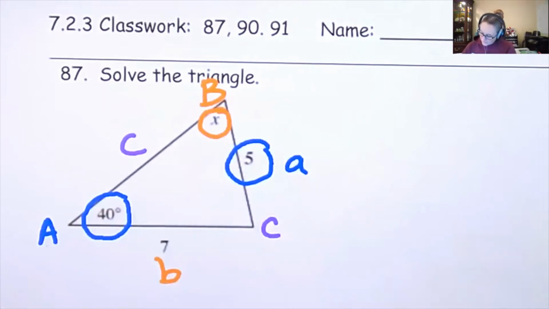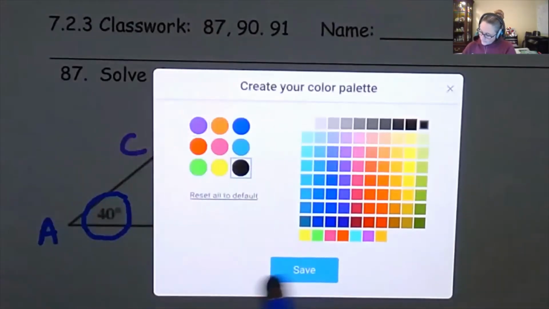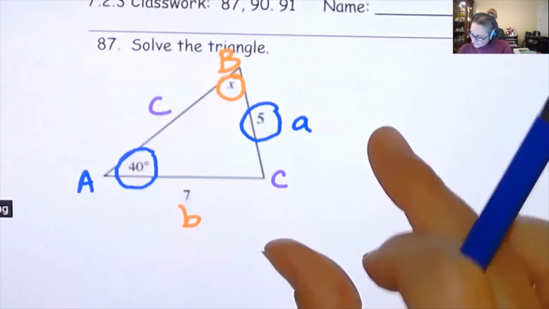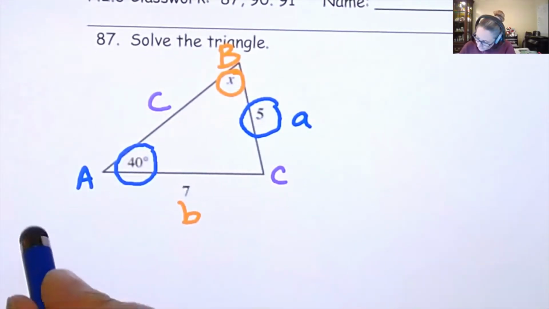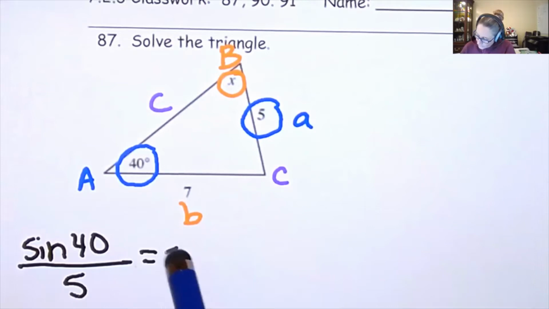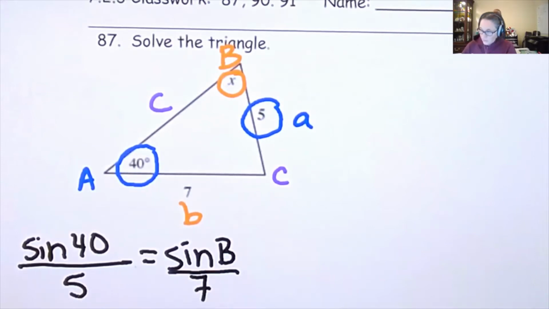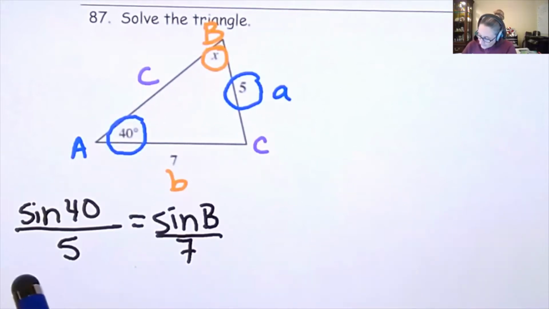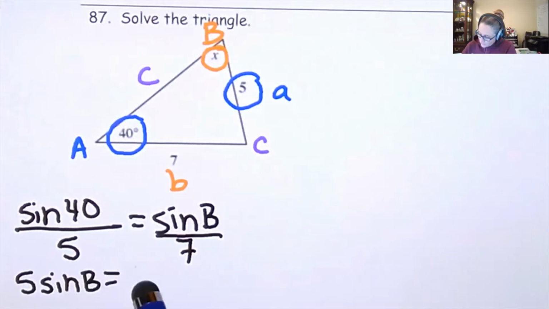So I am going to be doing sine of A, which is 40, over 5, equals sine of B over little b, which is 7, and I'm going to cross multiply and solve. So I'm going to end up getting 5 sine B is equal to 7 sine 40.